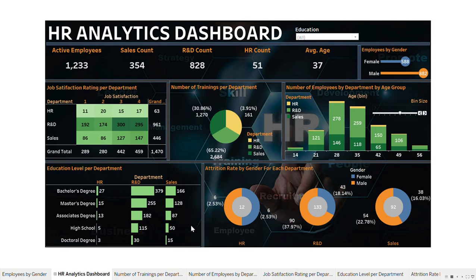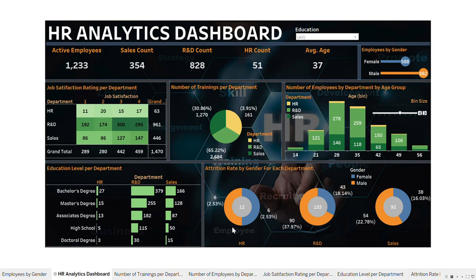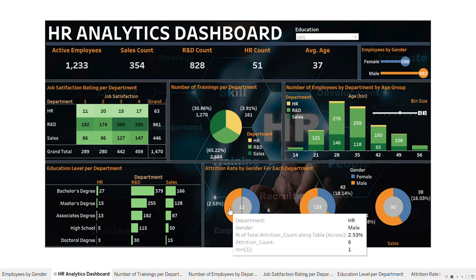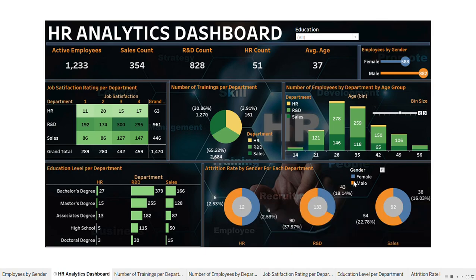And then lastly, we were able to visualize the attrition rate by gender for each department. In other words, this representation of a donut chart will visualize the attrition rate, that is male and female, in the HR department. You'll be able to see that males is orange and female is blue.